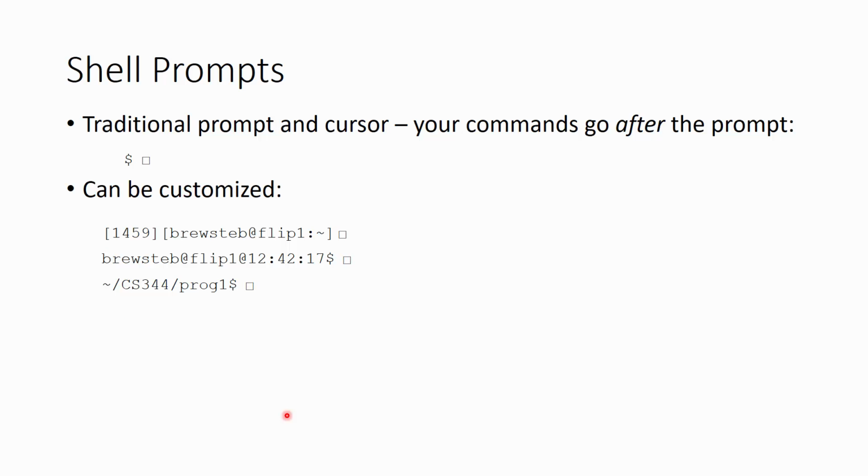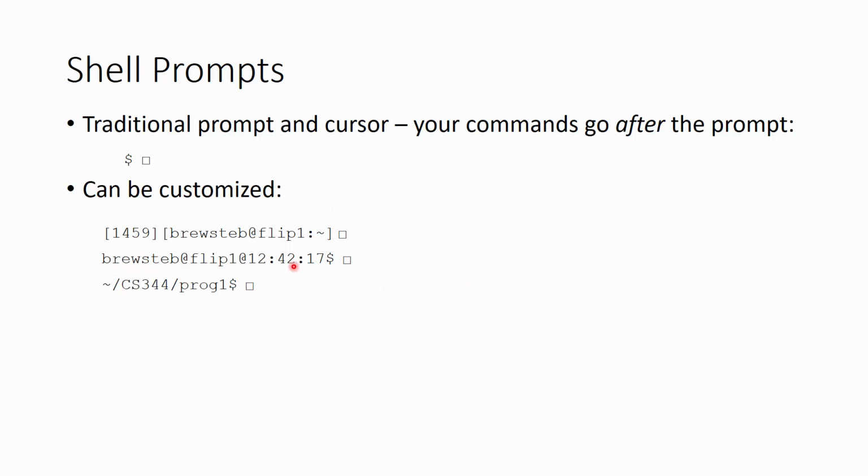So the shell prompt itself is traditionally done as a little cursor, and you can move that cursor around and enter characters, and they're all displayed on the screen. And you can customize that thing. So here's a few different examples. This is the one that I'm currently using. 1459 is the current line that I'm entering here, and here's my username on a particular server, and the tilde represents my home directory.